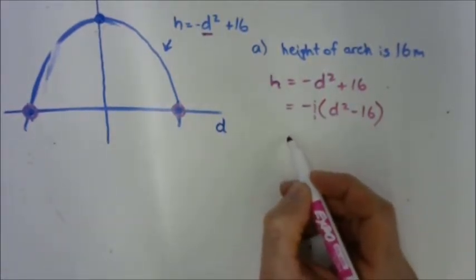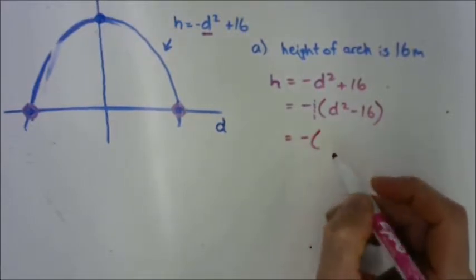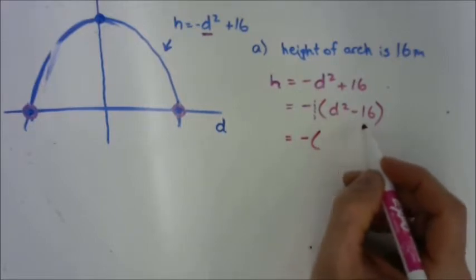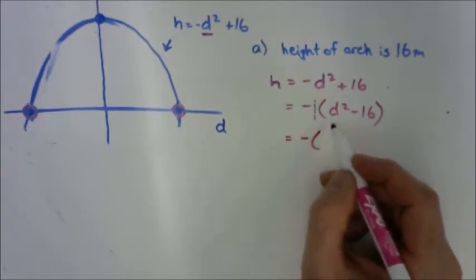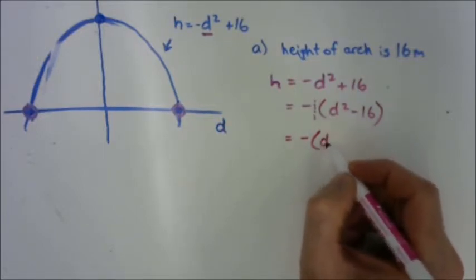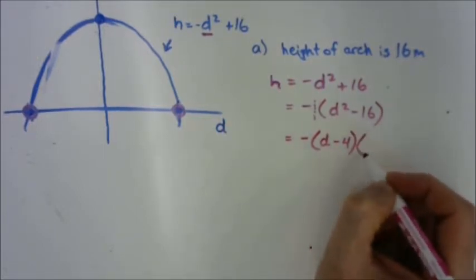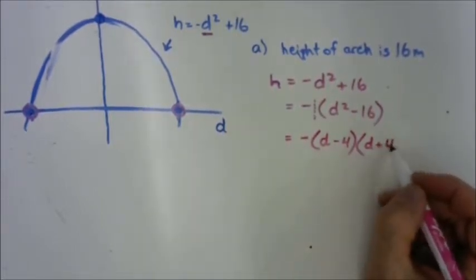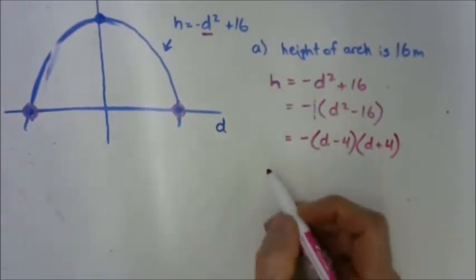Now we're looking at factoring this binomial. This follows one of the patterns that we have. It's a difference of squares, right? 16 is a square number and d squared is a square number. So we know this is d minus 4, d plus 4.